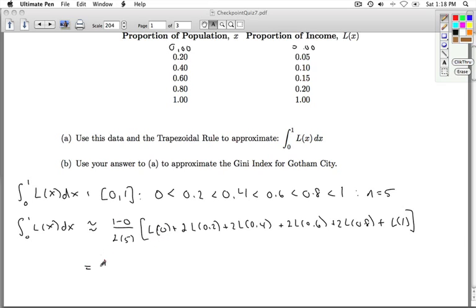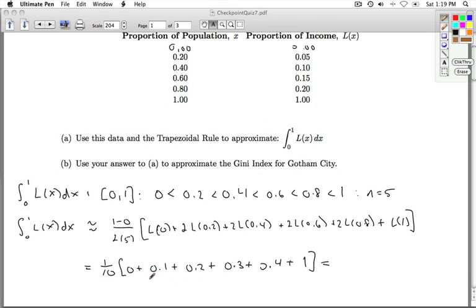So this is equal to 1/10 times L of 0. L of 0 is 0. Plus 2 times L at 0.2. L at 0.2 is 0.05. 0.05 times 2 is 0.1. Plus 2 times L of 0.4, which is 0.2. Plus 2 times L of 0.6. It's 0.3. Plus 2 times L of 0.8. That's 0.4. Plus L of 1, which is 1.